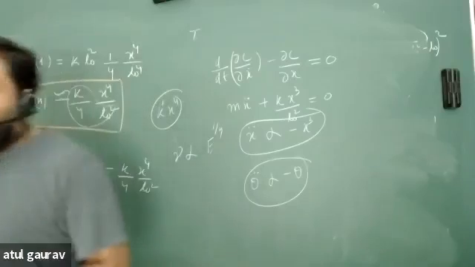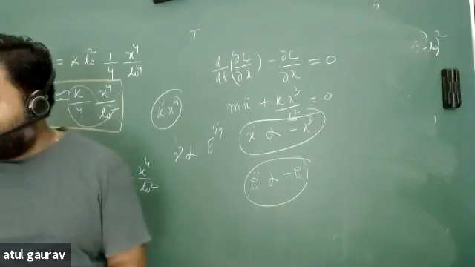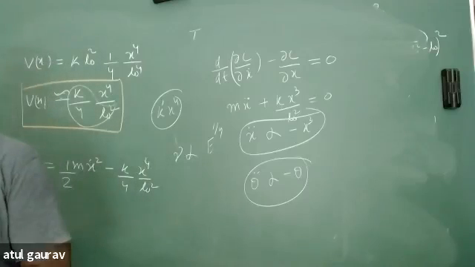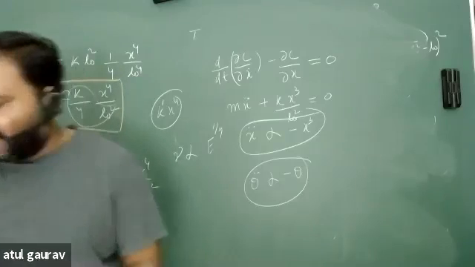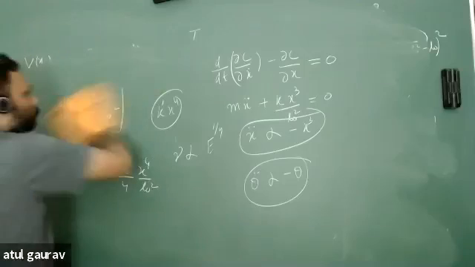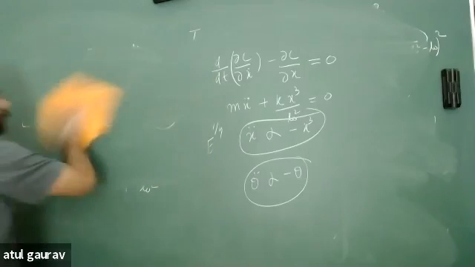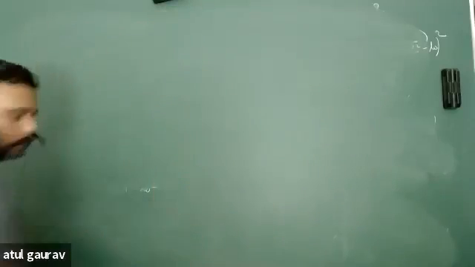So this is from my side on small oscillations. Now you can go and do these assignments yourself. And one more problem, for the double pendulum, I have given you in the assignment. I will just discuss it very briefly, because you have to do the assignment yourself.